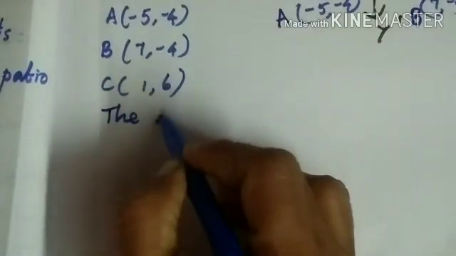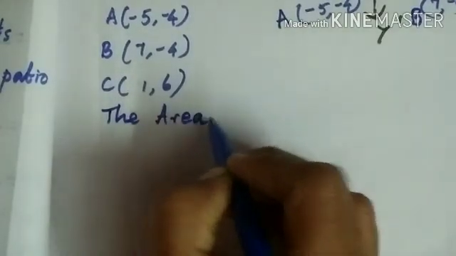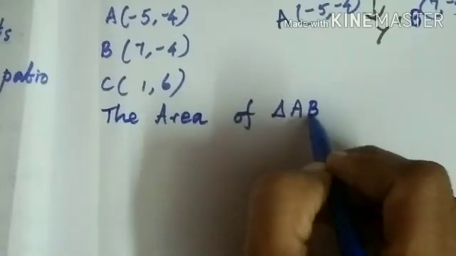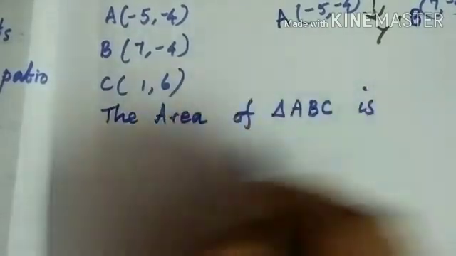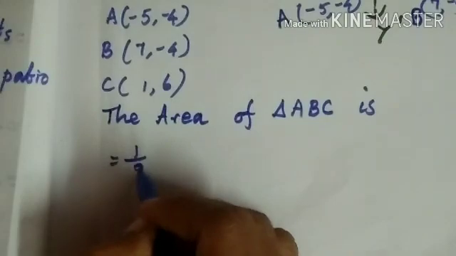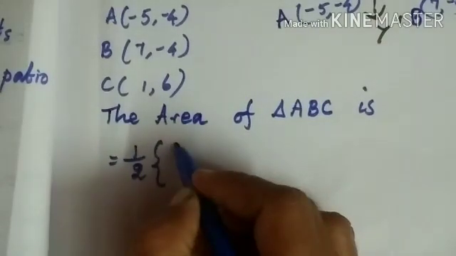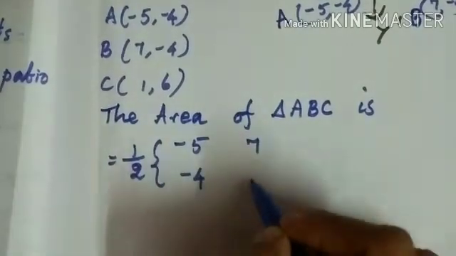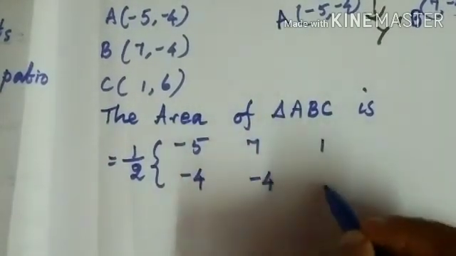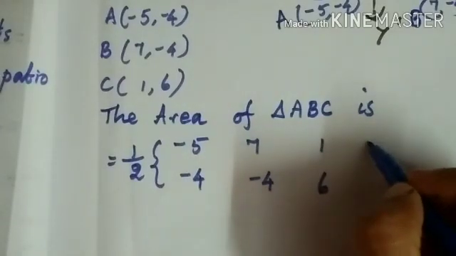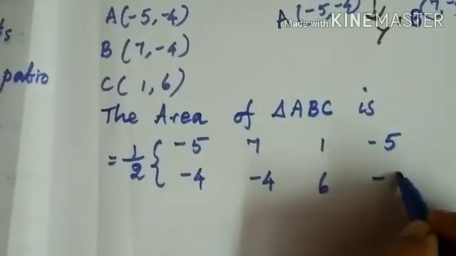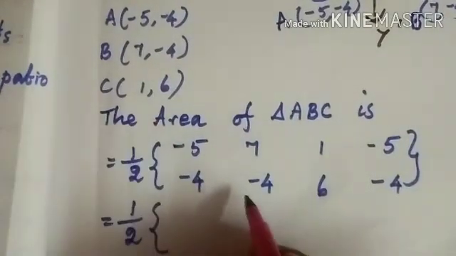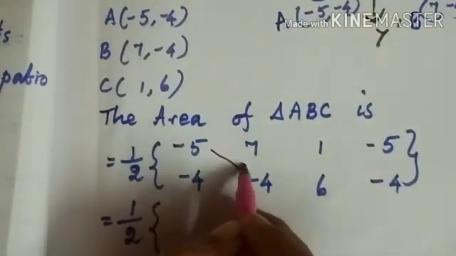The area of triangle ABC is half into A(-5, -4), B(7, -4), C(1, 6). Again you write A(-5, -4). Now you have to multiply from top to bottom.